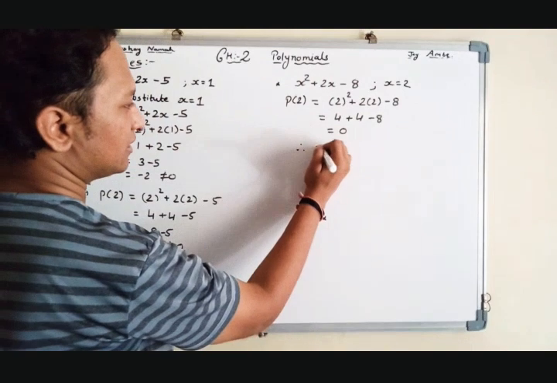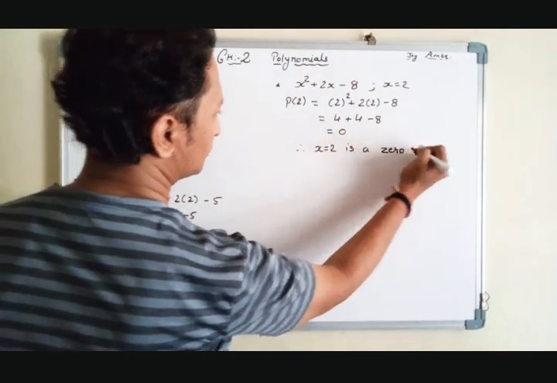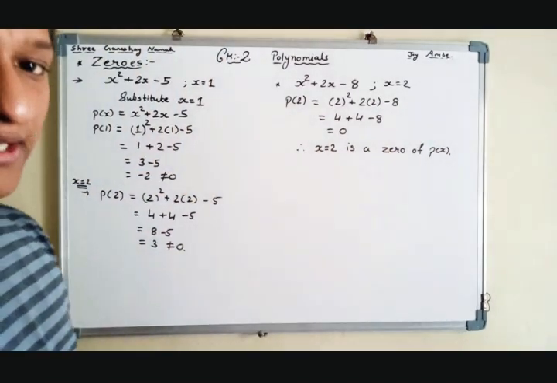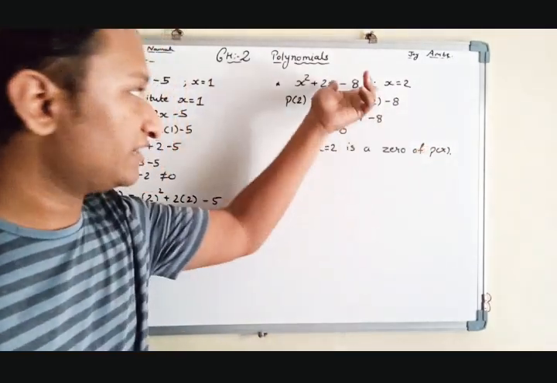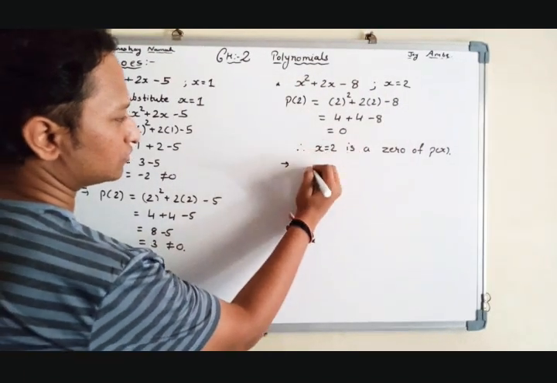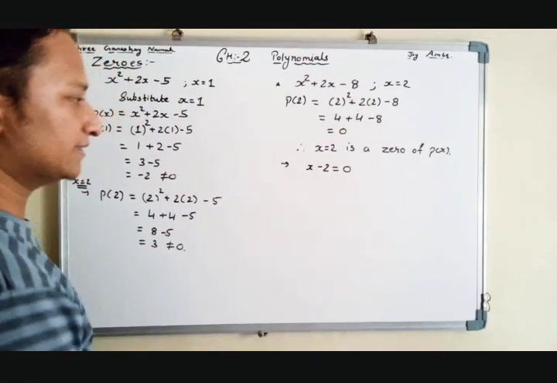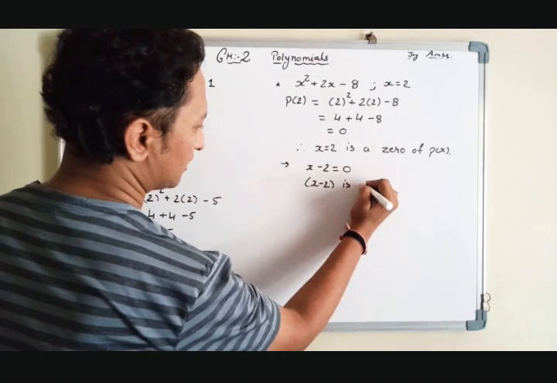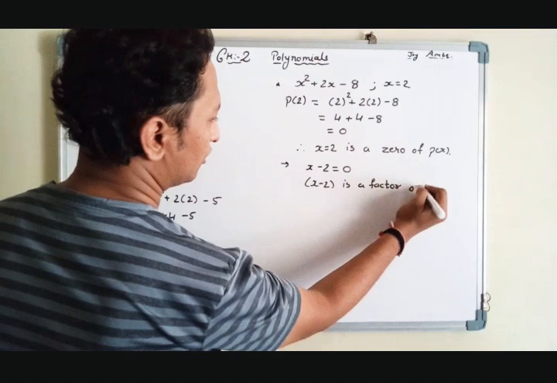That means x equals 2 is a zero of our given P of x. Okay. Now if x equals 2 is a zero, then what can we say about its factors? Take this 2 to the left side, so it becomes x minus 2 equals 0. That means x minus 2 is a factor of the given P of x.